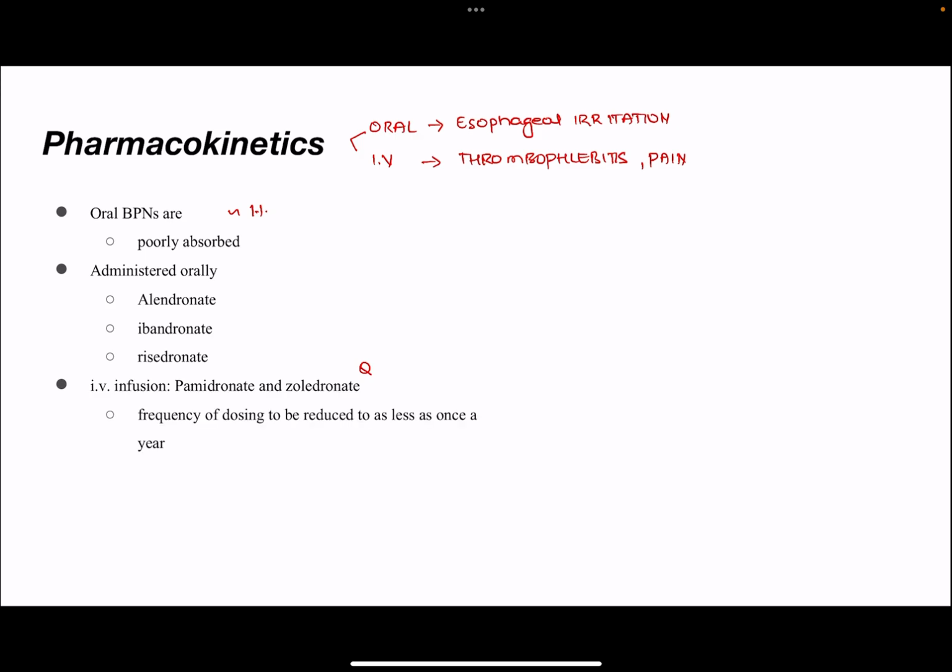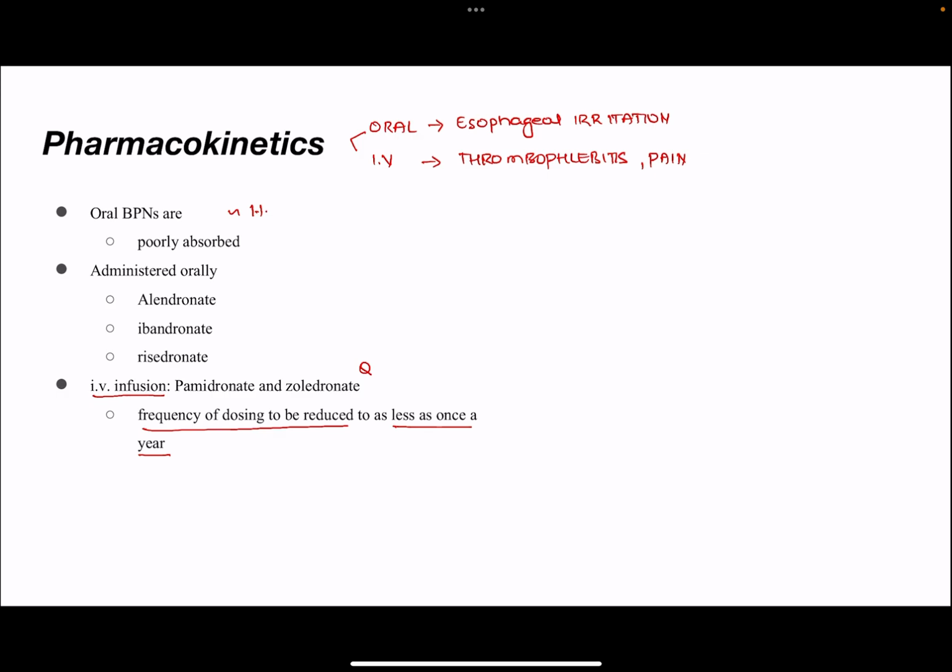Apart from that, what are the advantages of the parenteral administration of bisphosphonates? The frequency of dosing can be reduced, so the frequency of dose administration is lessened.